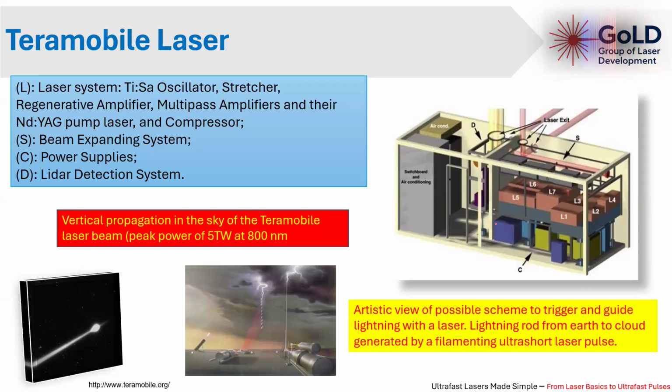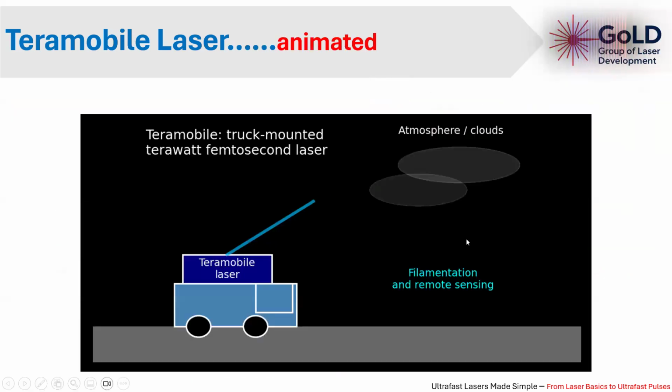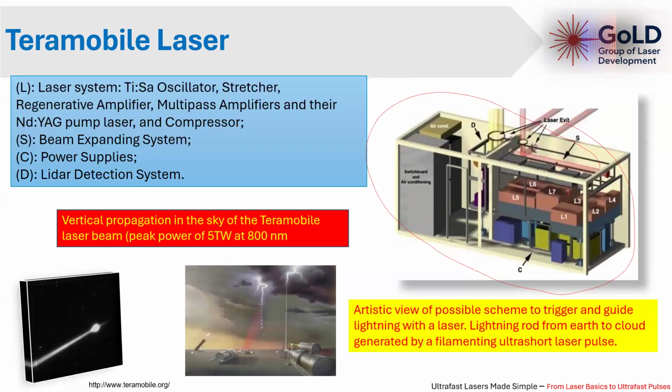Here you can see the different parts of the laser system: oscillator, stretcher, amplifiers, and compressor, everything is there. It's called Teramobile because it's in a big container, and you can move it wherever you need to do a certain kind of experiment, and the filament is generated.